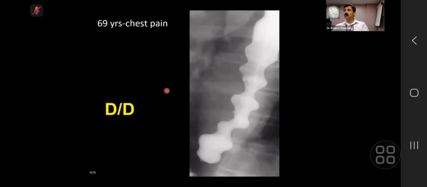Okay, spot number 10. What is this? Nutcracker esophagus. Nutcracker or corkscrew. Corkscrew. Right. So corkscrew is tertiary contractions, and this is a motility disorder. It's an Aunt Minnie, nothing else.